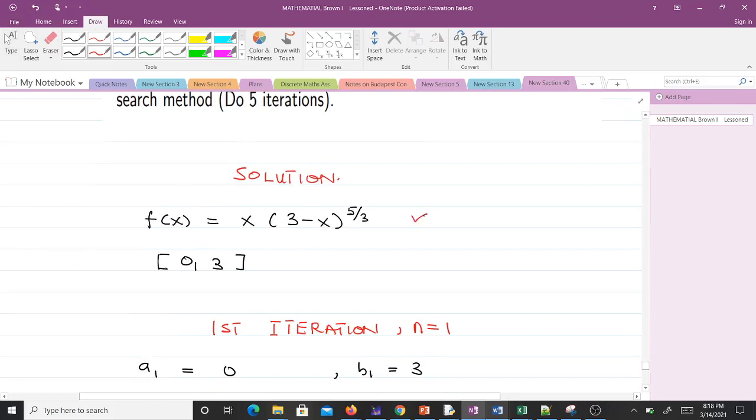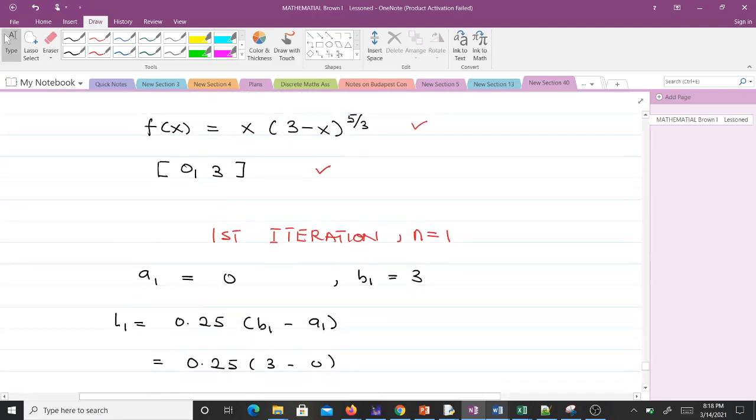Our objective function is this, and the interval is that. Starting from our first iteration, a1 is 0, this is a1, and this is b1. So a1 is 0, b1 is 3.